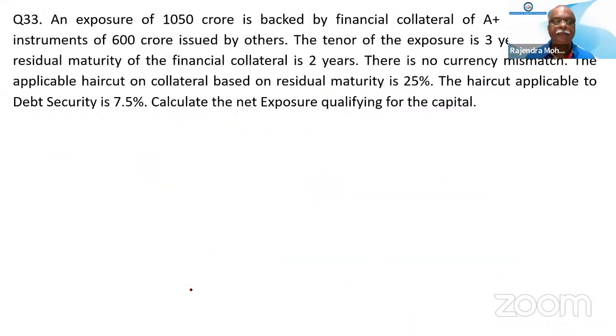Sir, what is P here? See, first we have calculated the haircut adjusted collateral. Next, since there is a tenure mismatch, that is the final haircut adjusted and tenure mismatch adjusted collateral. This is denoted as P. Either you can calculate directly. Normally the formula is given as C asterisk equal to eligible collateral multiplied by 1 minus HFX minus HC, multiplied by the maturity factor.